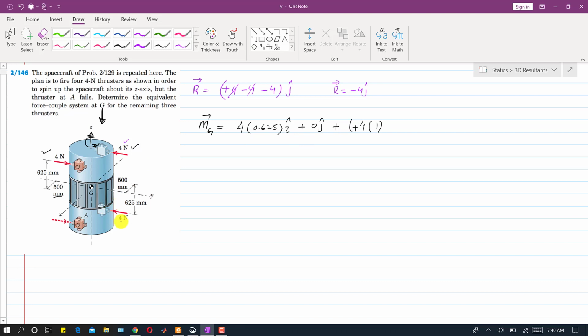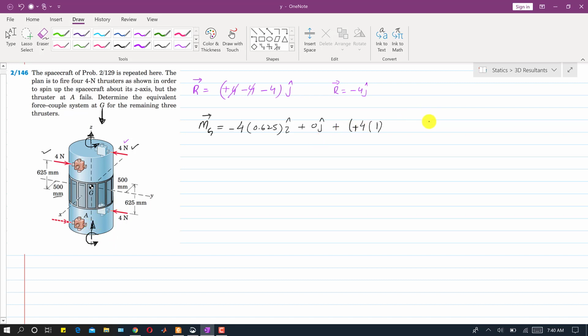And now we are left with this 4 Newton force, which is also producing a moment about the z axis, since it has some perpendicular distance from the z axis. It is producing the moment in this direction, and if we curl our right hand fingers, the thumb will point in the positive z direction.